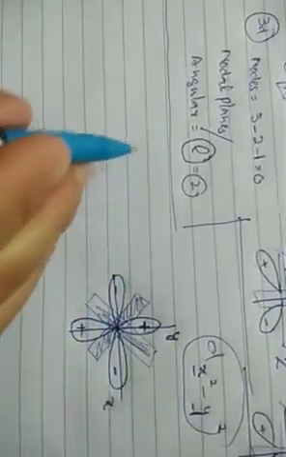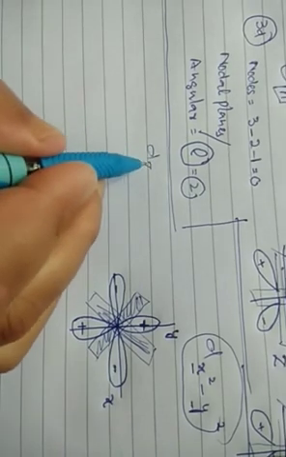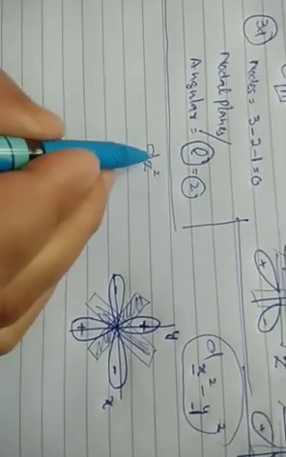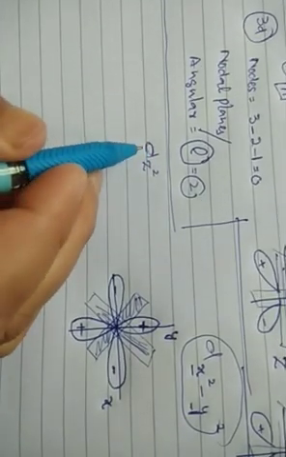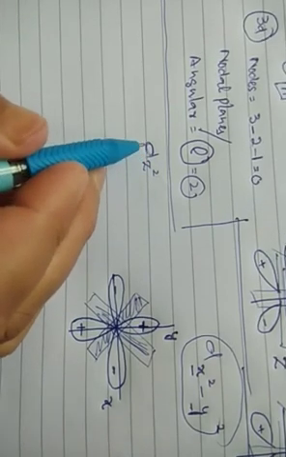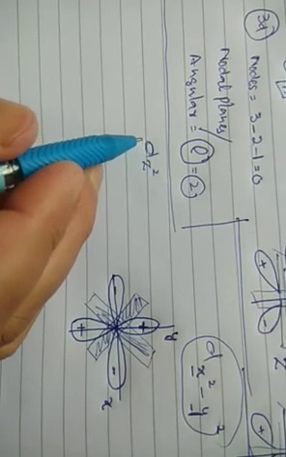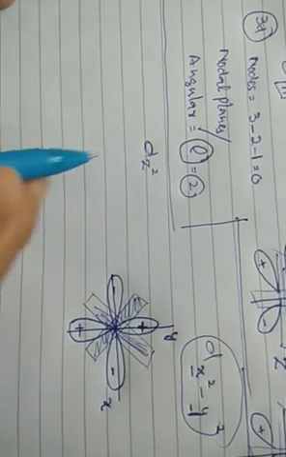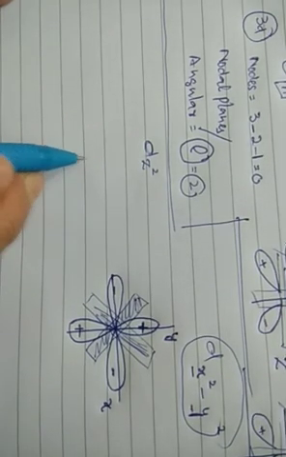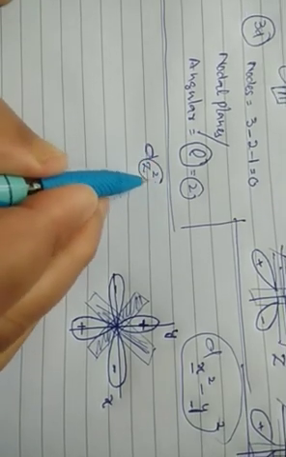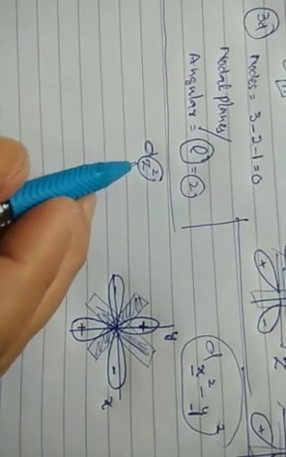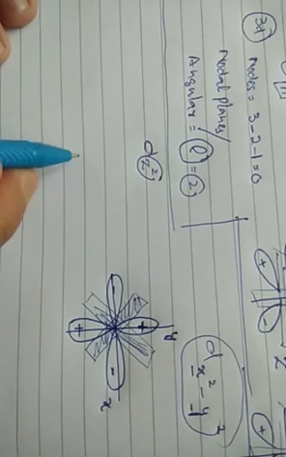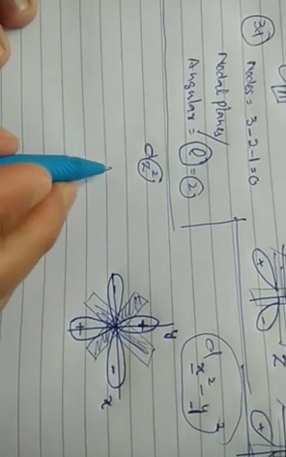Now dz square. If we talk about the dz square, its electron density is oriented along the z-axis. In addition to this, z square has some spatial character.